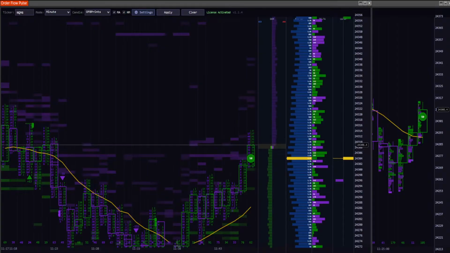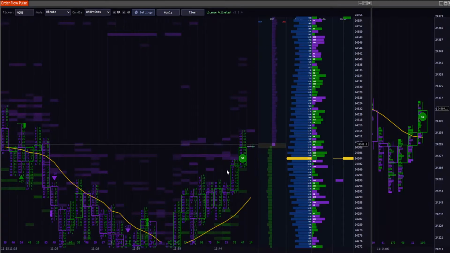All right, I just had to get out because I just don't like this. The reason I got in is because the 5 minute delta right here was breaking. Once we started breaking that high right there, I went on ahead and got in, and then right up in this area, I saw the 50 contracts.